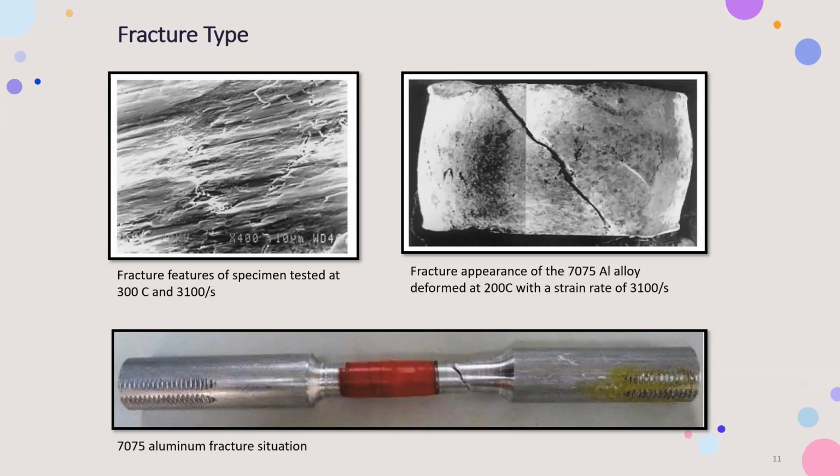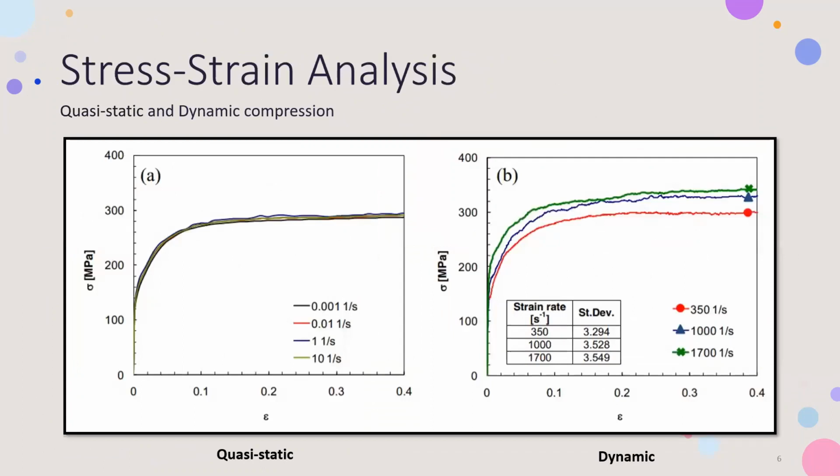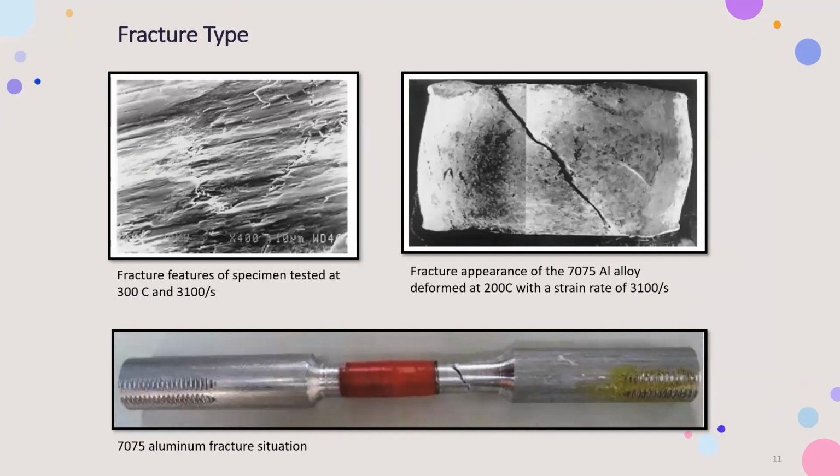Also, we can see that the fracture is not perpendicular to the load applied or force applied, which is another indicator that our material is ductile. And in conclusion, fracture type, a high elongation percentage, stress strain diagrams, and the other mechanical properties such as high plastic deformation ratio take us to the point that our material, aluminum 7075, is quite a ductile material.